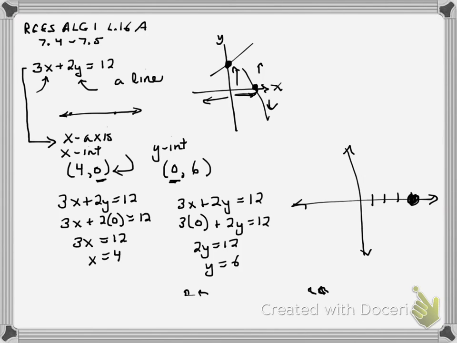Or I plug in a 0 for my x, and I solve for the y-intercept, and I plot 0, 1, 2, 3, 4, 5, 6, and I plot that point there, and then I simply draw the line, and that's my line. Sorry, usually it's line 1, line 2. Having a hard time writing today, and that's all there is to it.